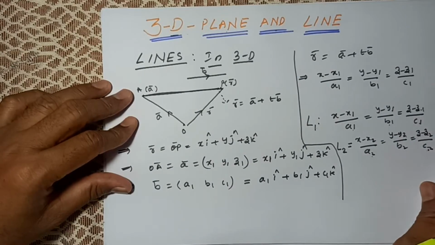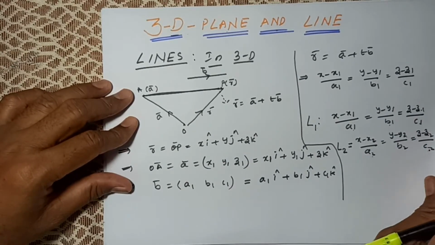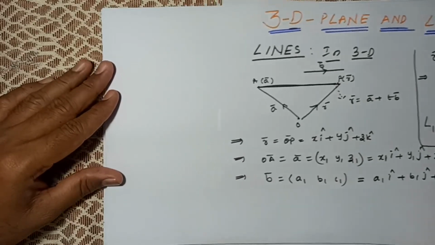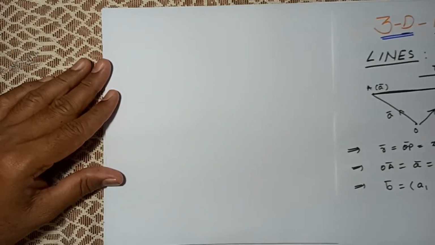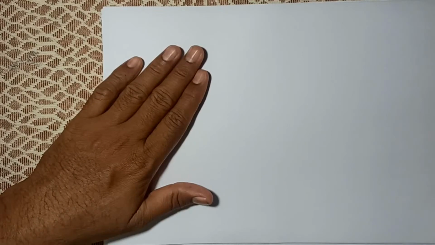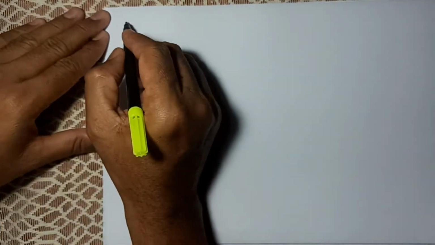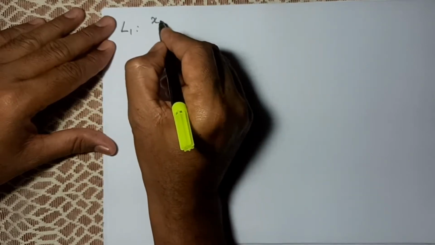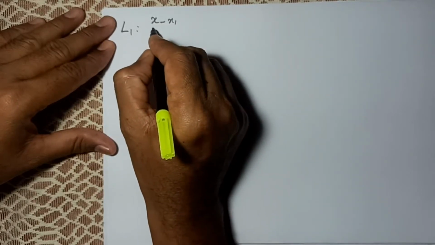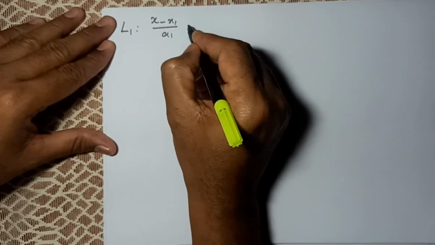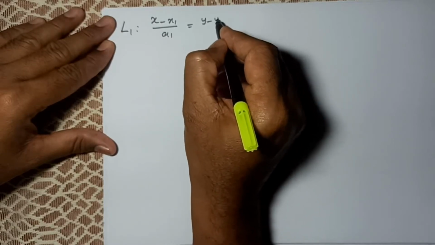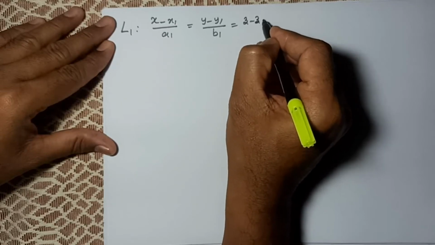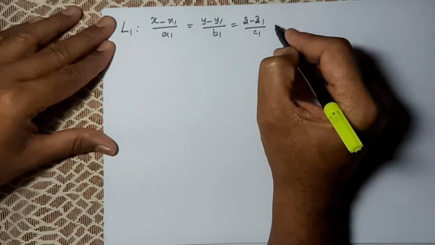Now the relation between the two lines L1 and L2, we'll see what is the relation between L1 and L2. Now see, let L1 be the line we got, x minus x1 by a1 is equal to y minus y1 by b1 is equal to z minus z1 by c1.